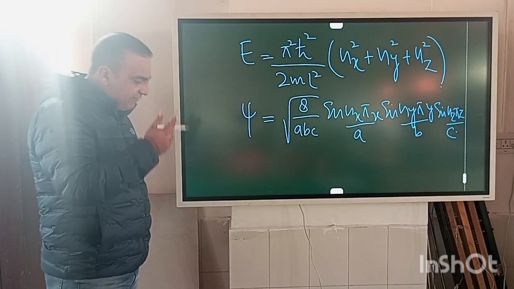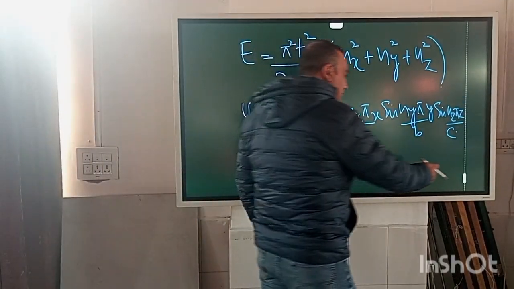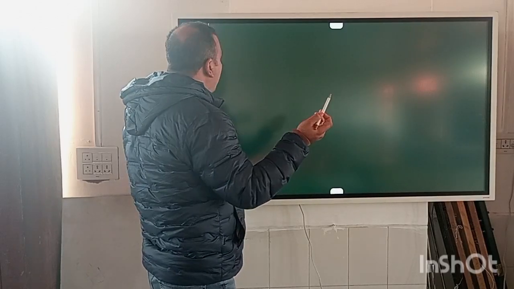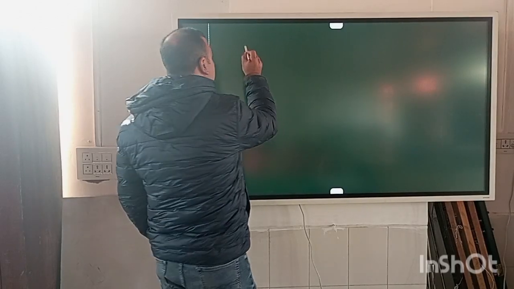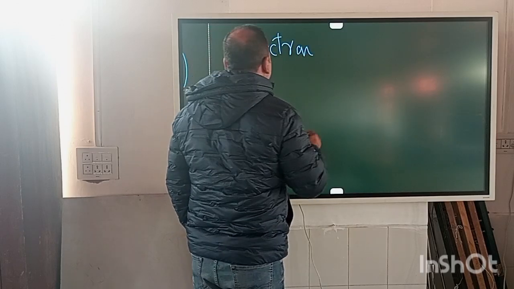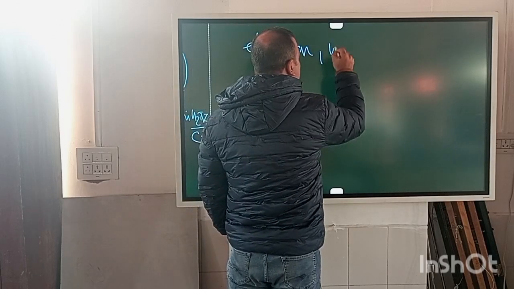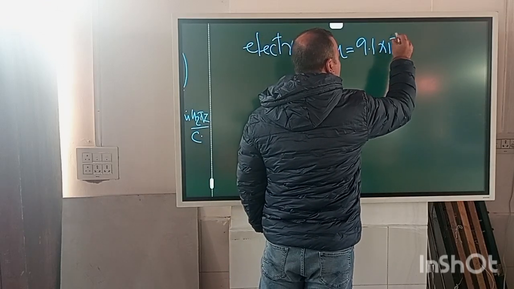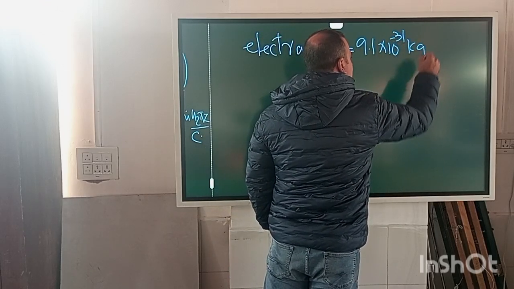Now, if I choose a problem in which I have, say for example, a three-dimensional box, and in this box I have an electron. If I have an electron in this box, then I know its mass. Its mass is 9.1 times 10 to the power minus 31 kilograms.